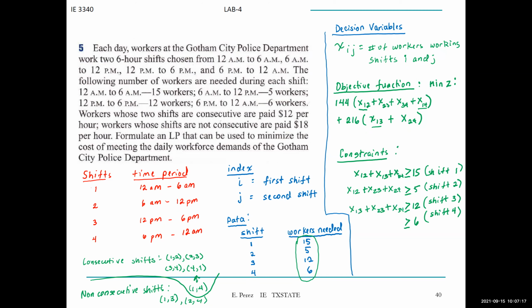And finally, shift 4, we have the decision variables that have an index 4, so X14 plus X24 plus X34. And I want all my decision variables to be greater or equal to 0.